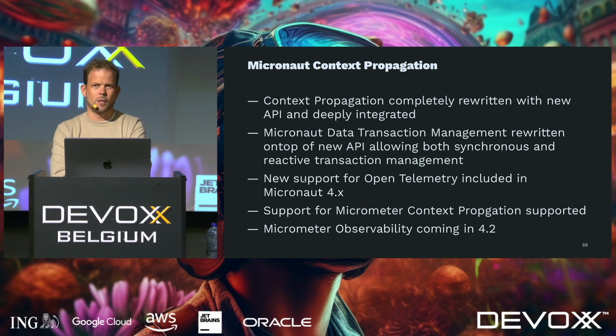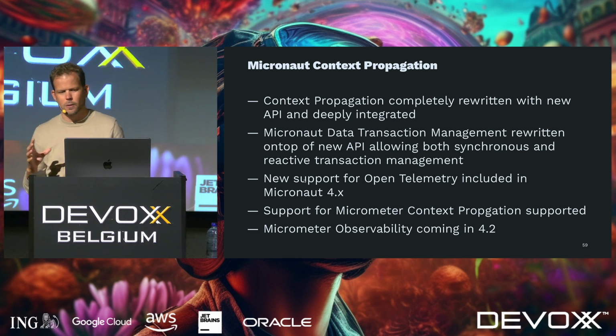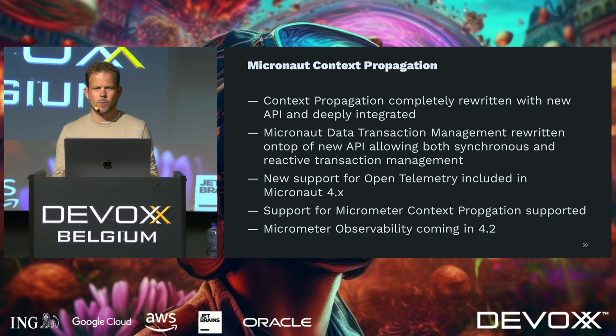We took inspiration from Kotlin coroutines, context propagation, and so forth. The fundamental problem is that you have different types of context propagation, right? For example, if you are trying to propagate MDC logback entries in a synchronous mode, a lot of folks use thread local.